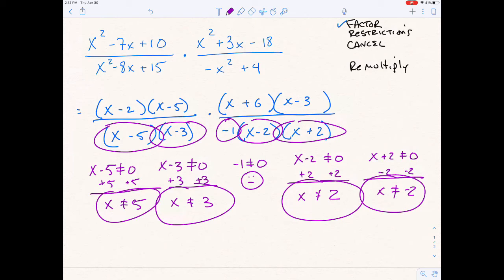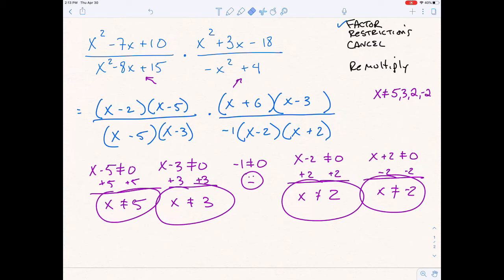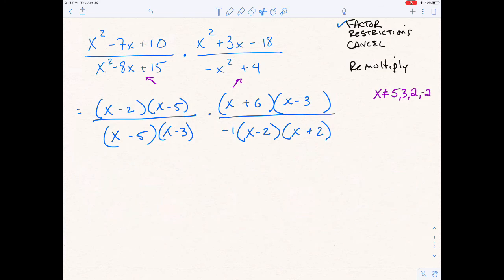So my iPad is starting to get pretty busy. I'm going to list them off to the side. X cannot equal 5, 3, 2, or -2, because any one of those things, if put into either this equation or this equation, will cause the denominator to be 0, hence wiping out the whole problem. Because I need the space, I'm going to get rid of all of that writing, except I'm going to leave that purple marking up on the side here. So we have our restrictions done.